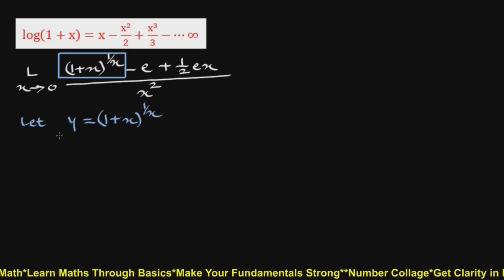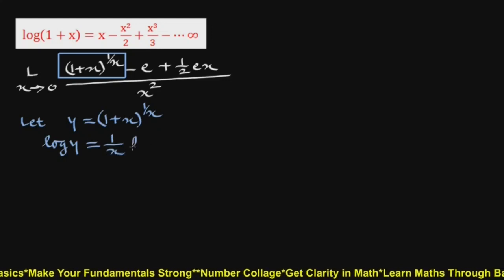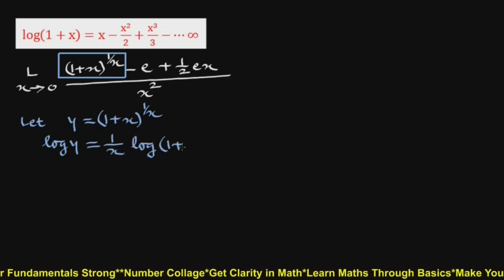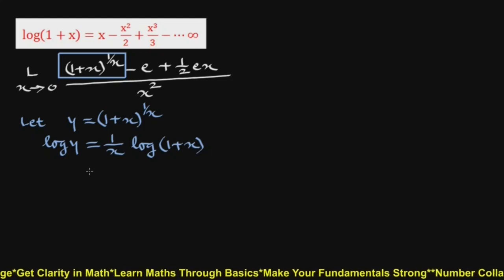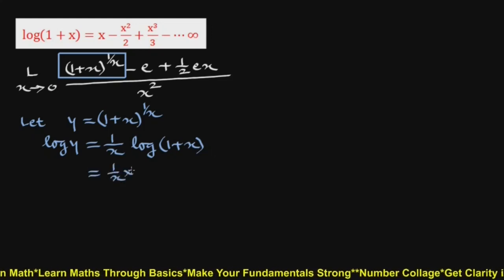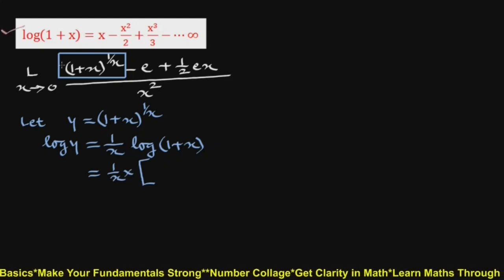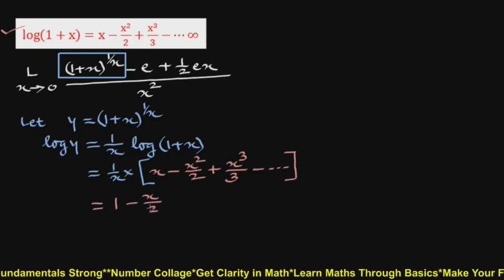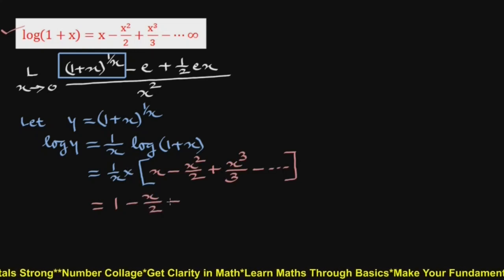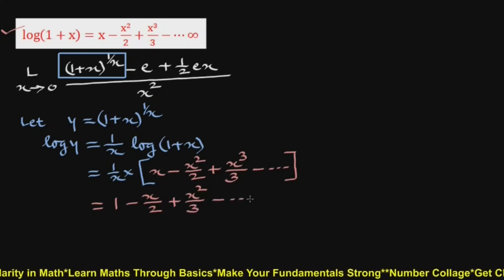Now taking logs on both sides, log y equals 1 upon x log(1 plus x), according to the rules of logarithm. This will be 1 upon x into the expansion of log(1 plus x), which is x minus x square upon 2 plus x cube upon 3 minus so on and so forth.